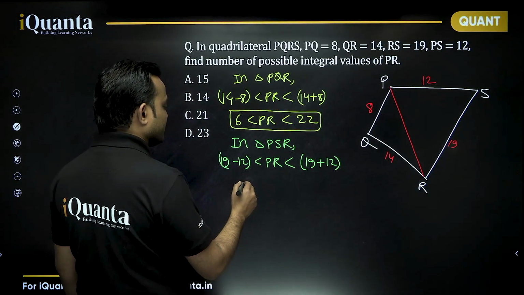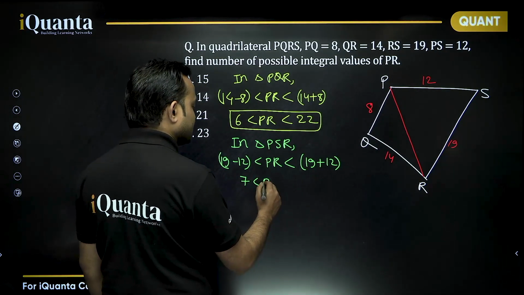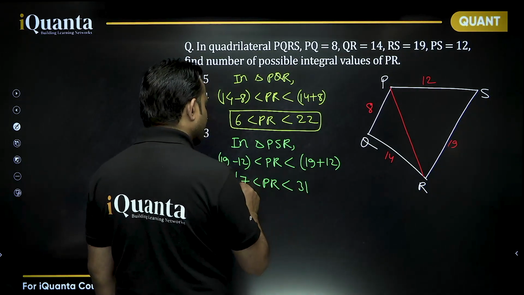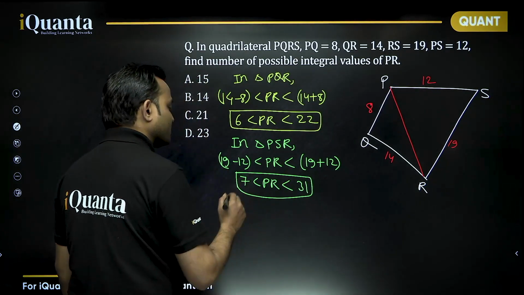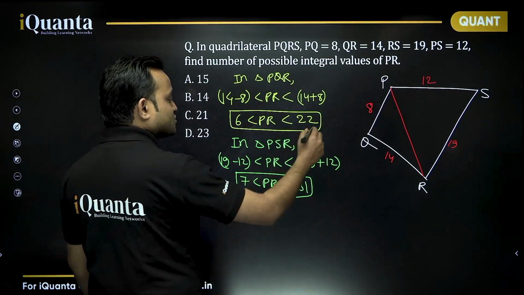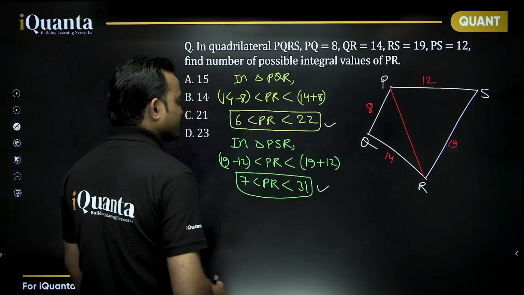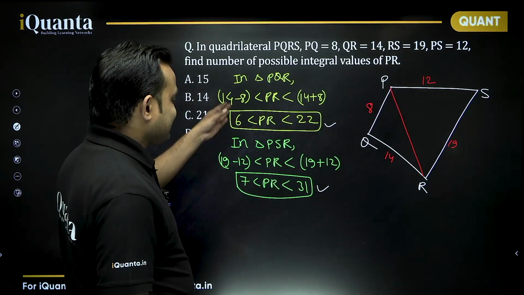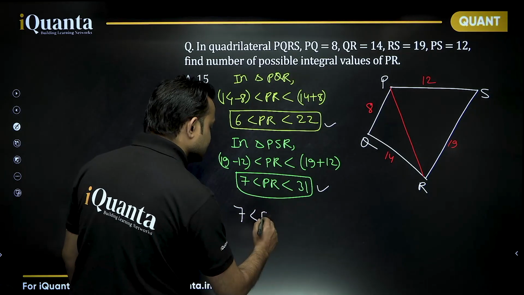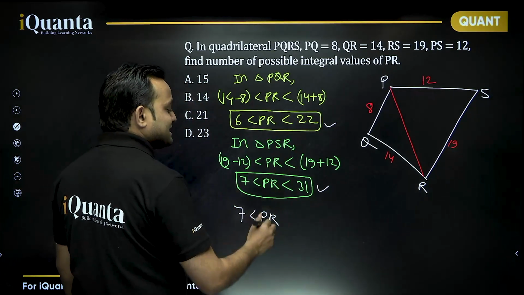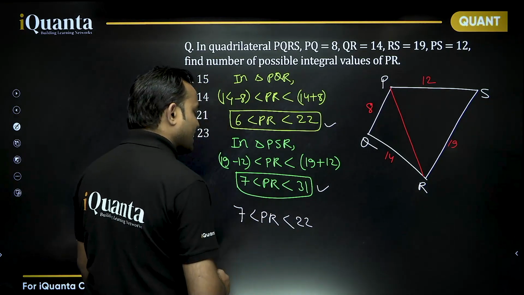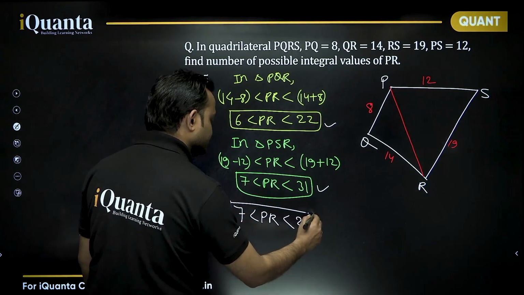From there we can say PR will be greater than 7 and less than 31. Now we got another result with respect to PR. If I merge these two, PR is greater than 6, PR is greater than 7. So ultimately we need to take PR greater than 7, PR less than 22, and PR also less than 31. So PR is less than 22.